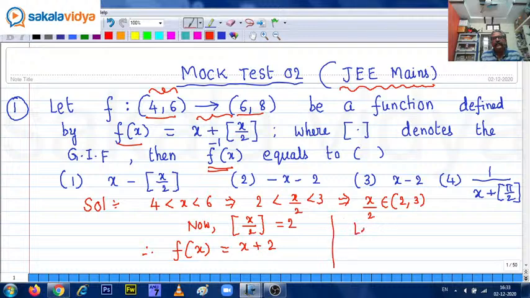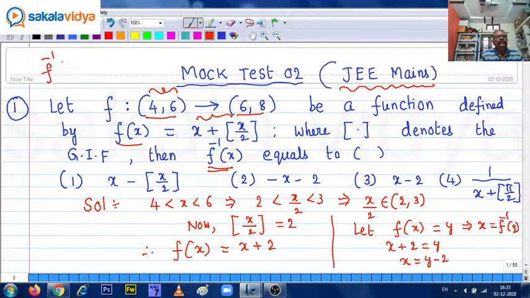Generally we say, let f of x equal y. That means x plus 2 equals y, so x equals y minus 2. If y is equal to f of x, then x is equal to f inverse y. So f inverse y equals y minus 2.